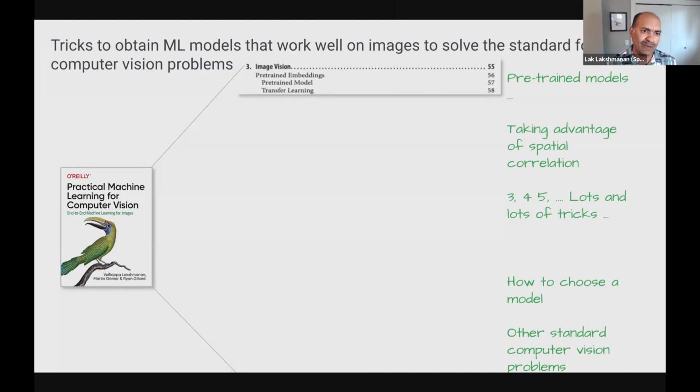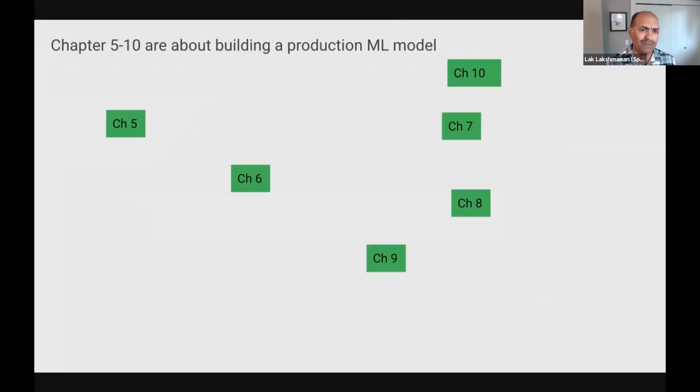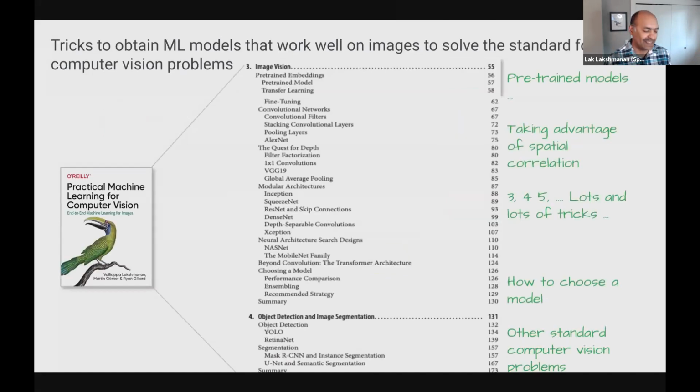So it looks at different tricks: how to use correlation, how to use short circuit layers, how to do depth separable convolutions, and then how to optimize for different things, such as when you want low power or low memory. So you have different families of ML models.